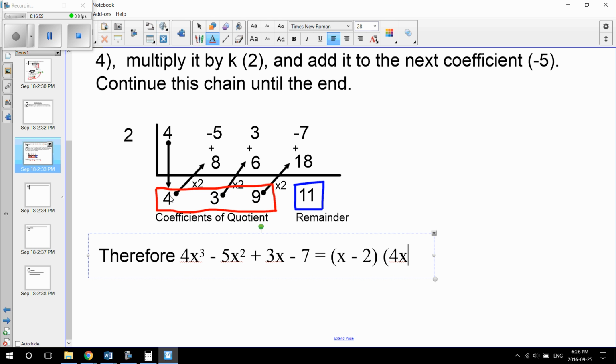Now this one gets whatever the second value was, so because this was x cubed, this means that this 4 has to be x squared. So it's going to be 4x squared plus 3x plus 9, and then we have a remainder of plus 11 at the end. And I'm not writing this in quotient form, I'm just going to leave it as plus 11.